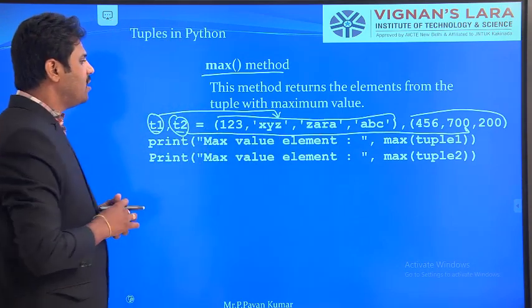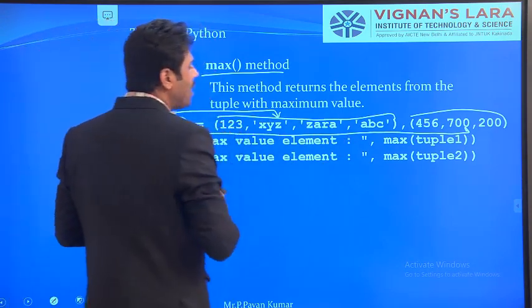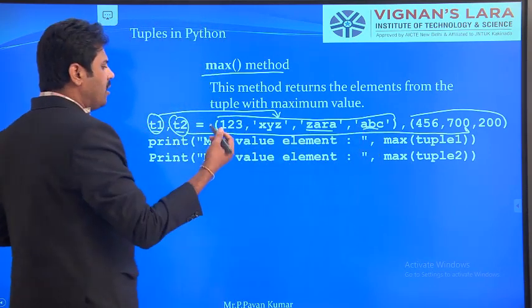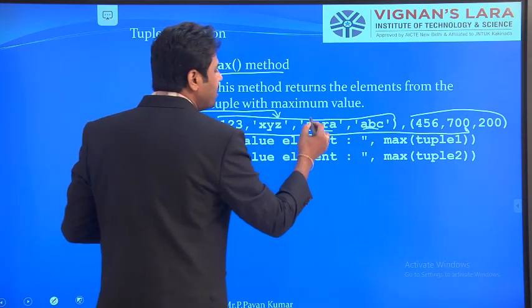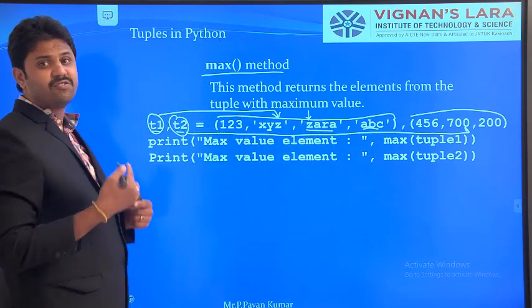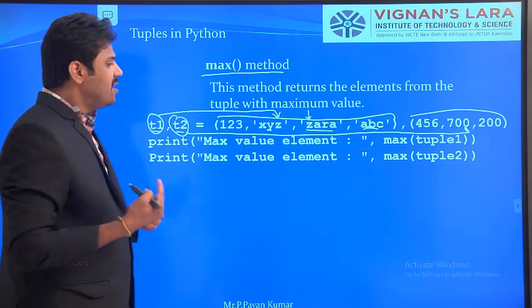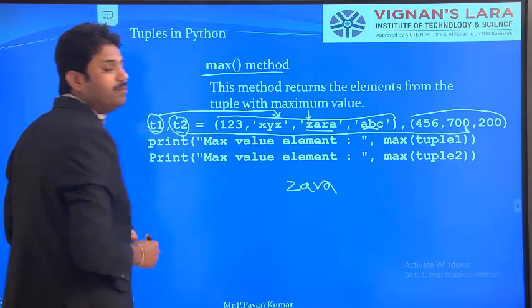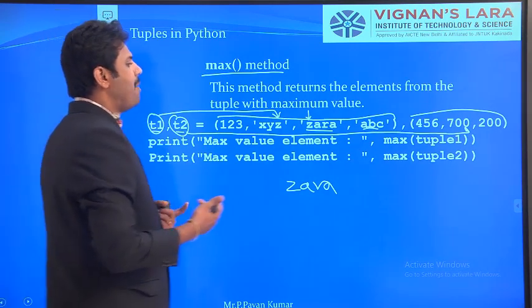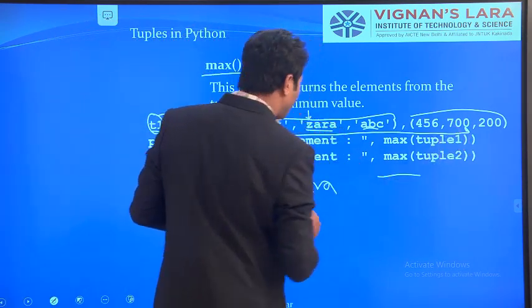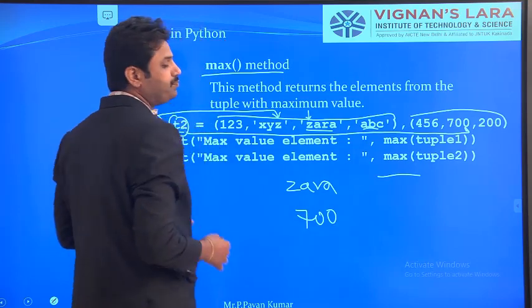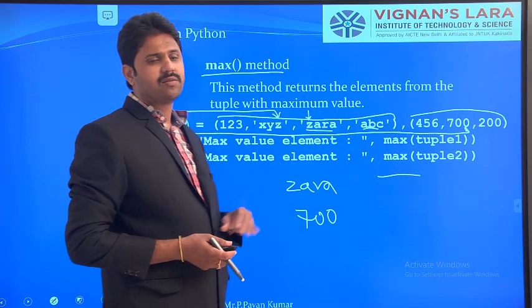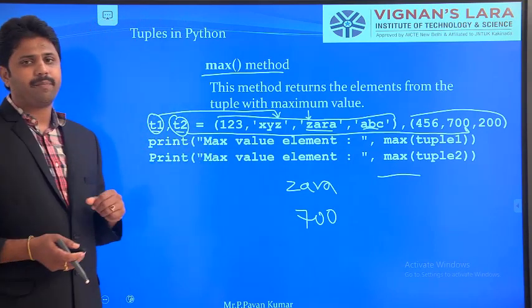If you take tuple T1, what is the maximum element? That is a string, right? So your output is Sarah. Next, max of tuple T2, your output is 700. First, it gives preference to strings, not numerics, that means integers.